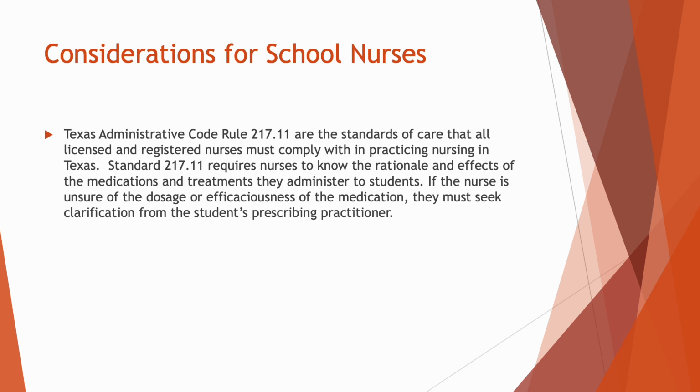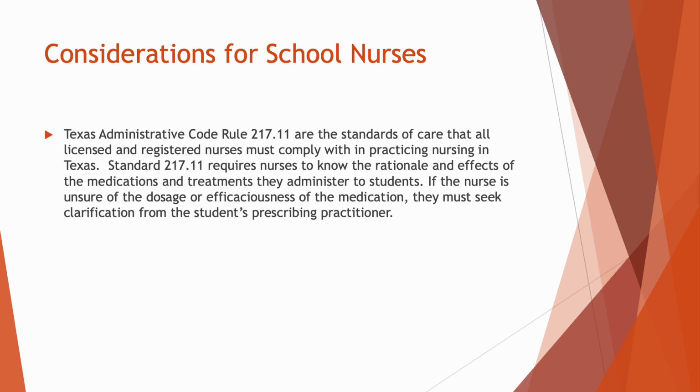Texas Administrative Code Rule 217.11 are the standards of care that all licensed and registered nurses must comply with in practicing nursing in Texas. Standard 217.11 requires nurses to know the rationale and effects of the medications and treatments they administer to students.